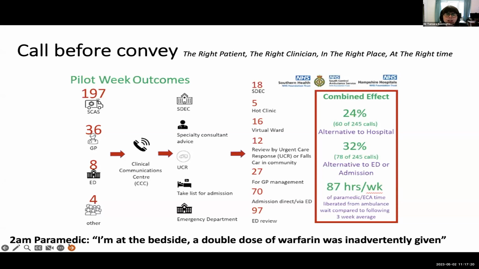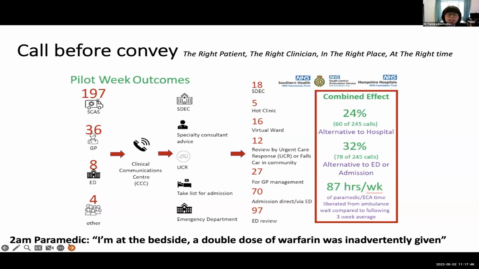This is around 250 calls, the vast majority of which were from SCAS, which is our local ambulance service. We managed to channel those calls through same-day emergency care, specialist consultant advice, an urgent community response unit, and a take list, so an admissions list, which might involve acute emergency unit assessment, but not necessarily admission.